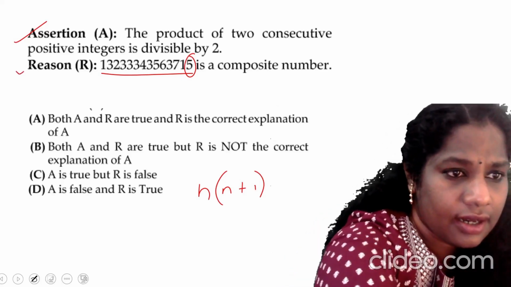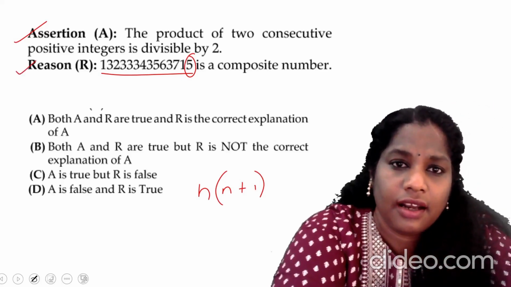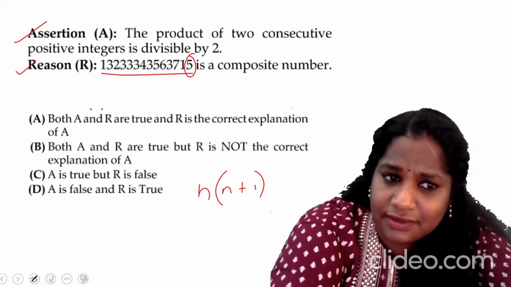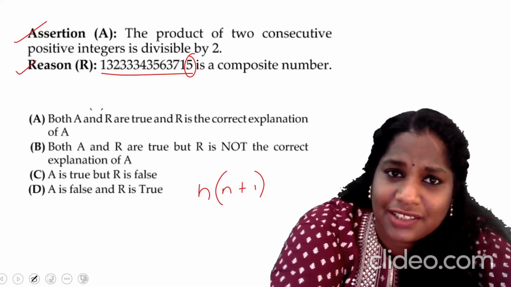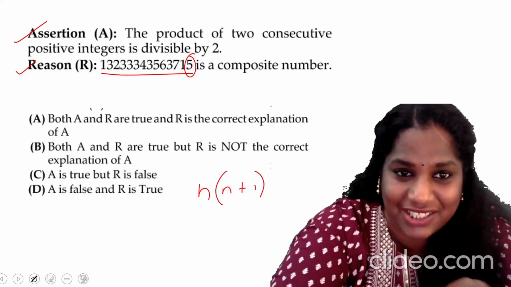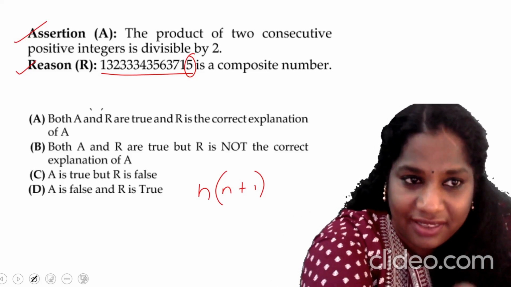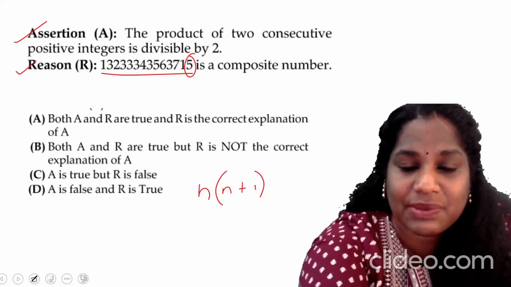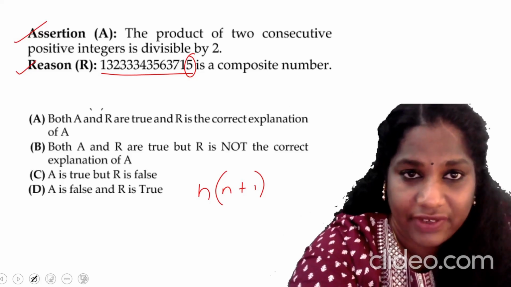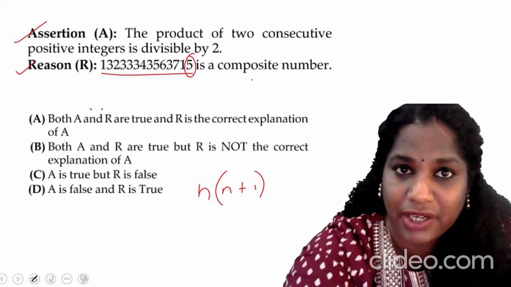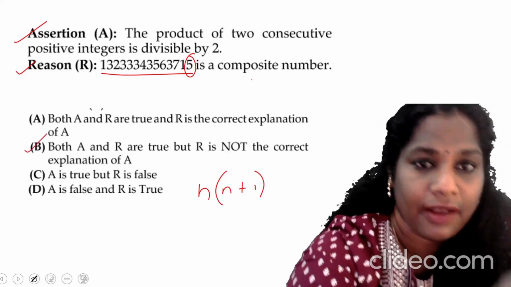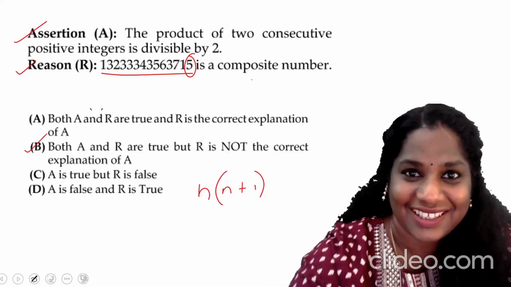But is this the correct explanation of your assertion? No, it is not the correct explanation because it is totally different. They are talking about something divisible by 2 and here they are talking about composite numbers. So definitely reasoning is not the explanation of assertion. So which option? Option number B. Nice, no?